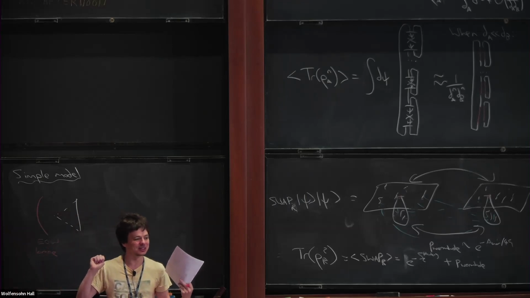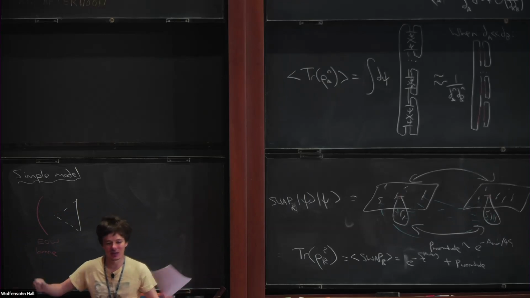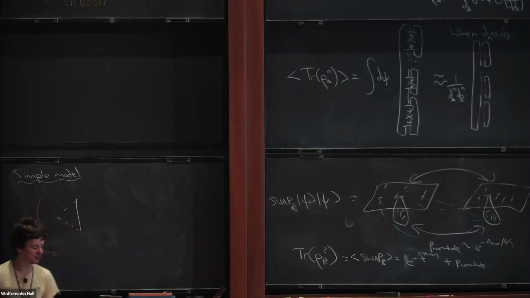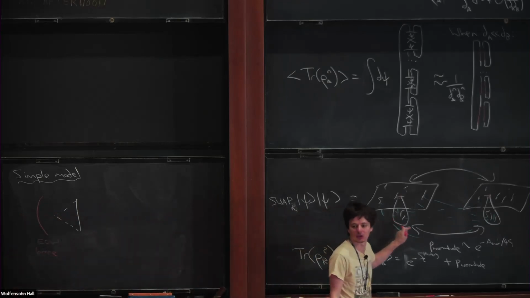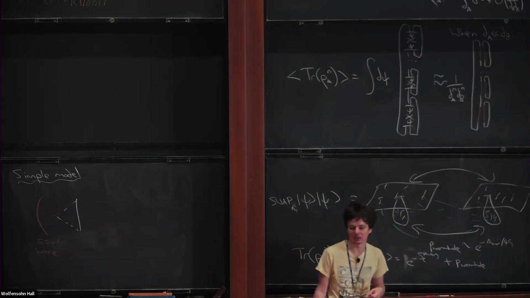Okay? So again, I want to be able to draw things on the blackboard. So I'm just going to do something simpler than Hawking radiation that will let me make everything Euclidean and draw it on a blackboard, which is I'm just going to let this end of the world brane have different states. The different states of this end of the world brane are just going to represent the different states of the Hawking radiation inside the black hole.